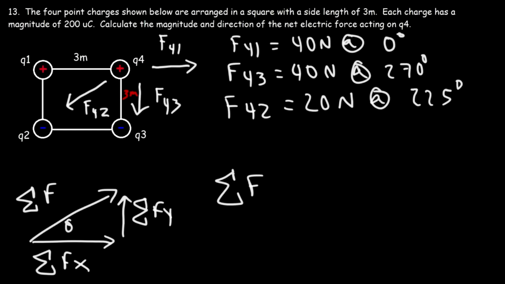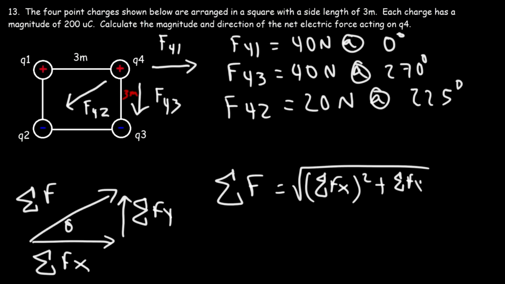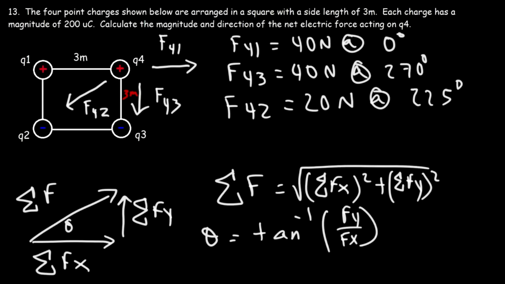So the net force acted on Q4 is going to be the square root of the sum of the forces in the x direction squared plus the sum of the forces in the y direction squared. So that's how we can calculate the magnitude. For the angle, we're going to use this formula. Arctangent, the y component over the x component. But how do we find the x and y components so that we can take the sum of all of them?